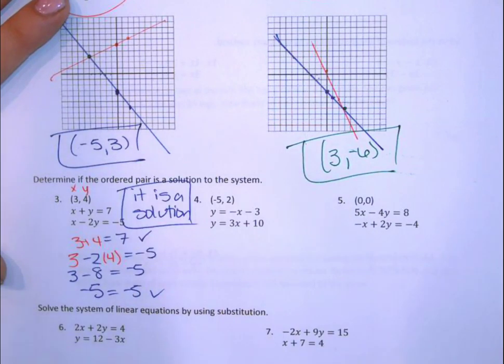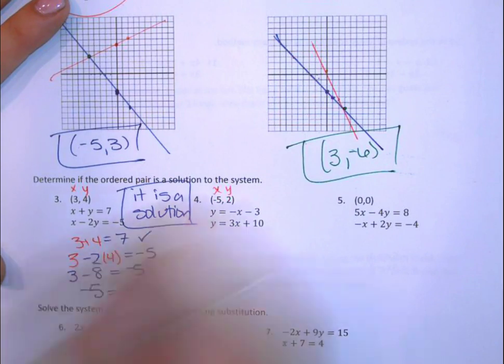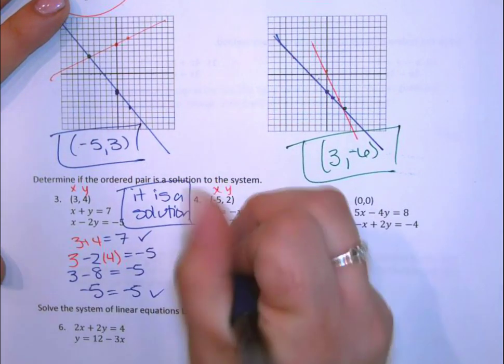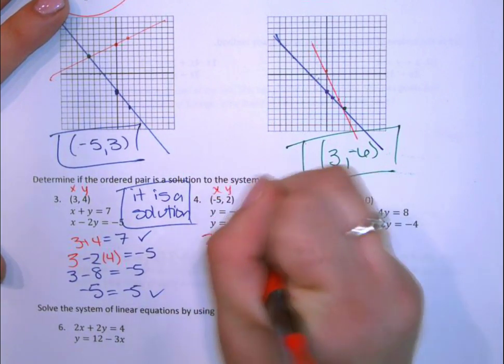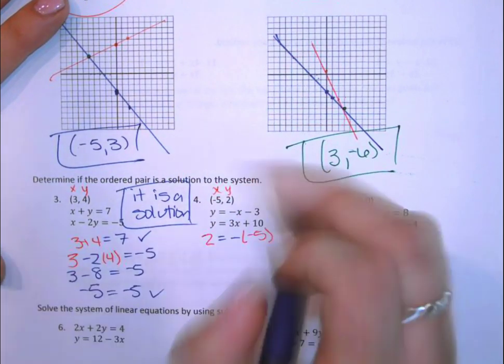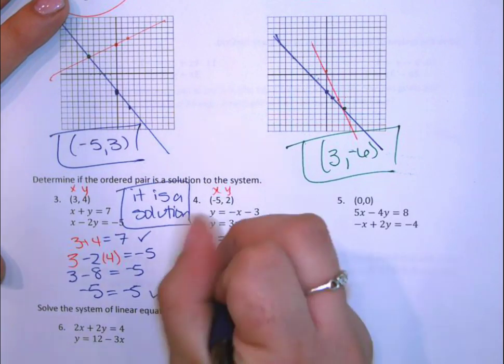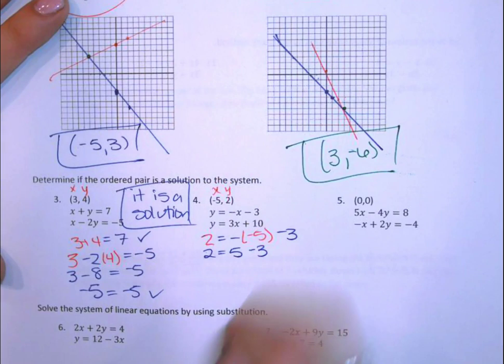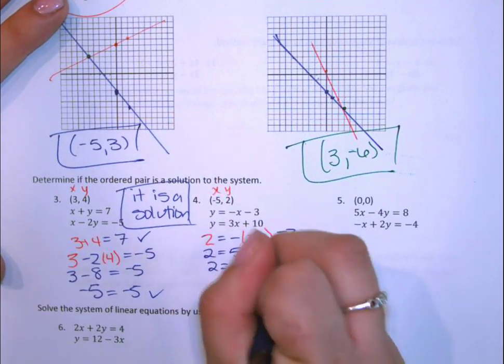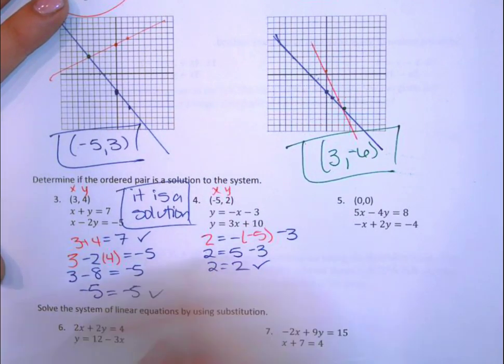Same thing with number 4. This is going to be my x, this is going to be my y. I plug them both in. So I get 2 equals negative, because that's part of my equation, and then negative 5 is the number I'm plugging in. Negative 3. Negative 5 makes it positive. 5 minus 3 is 2. So that one's good. I plug into the second one.